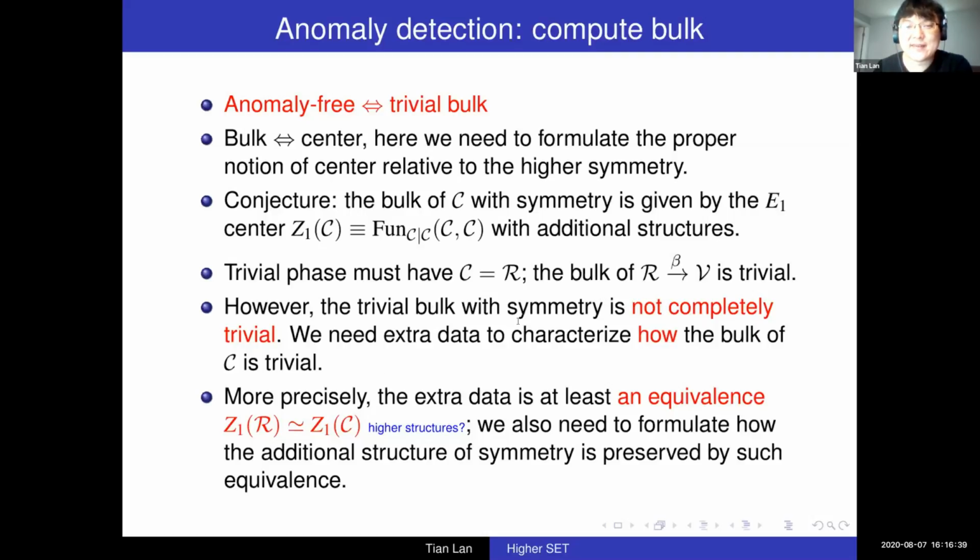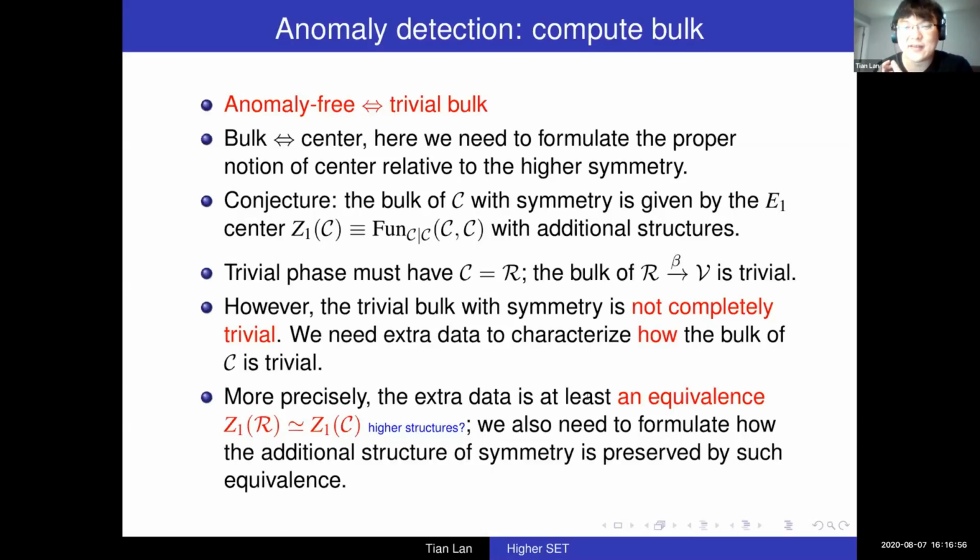So when we see some higher phase, its center is the same as the trivial phase, the trivial bulk, we need to characterize it in the higher structures.